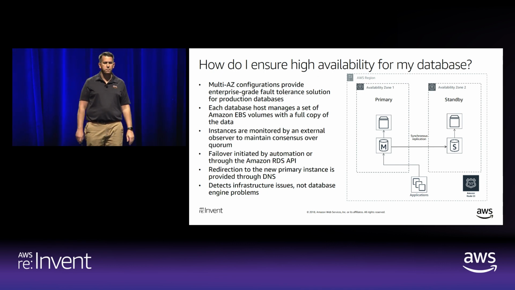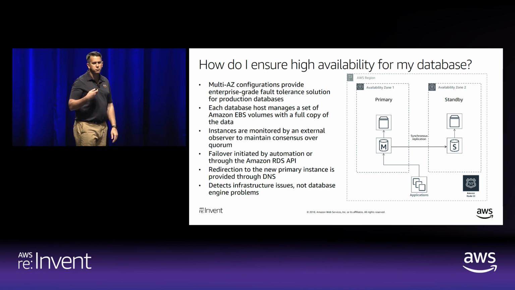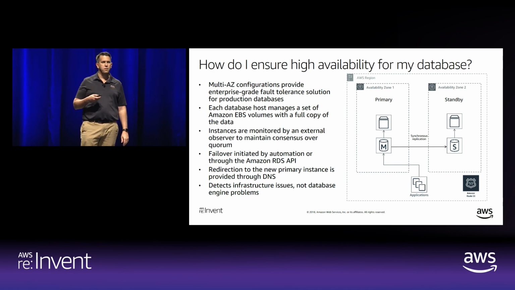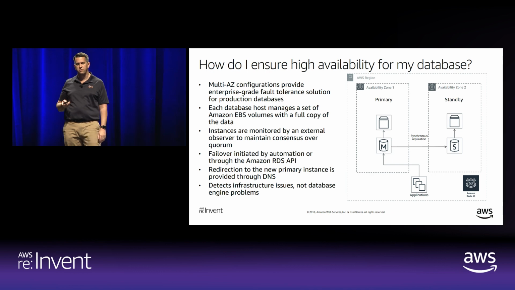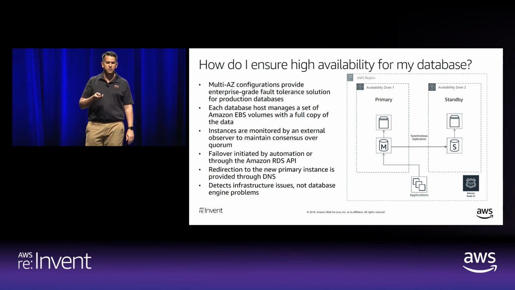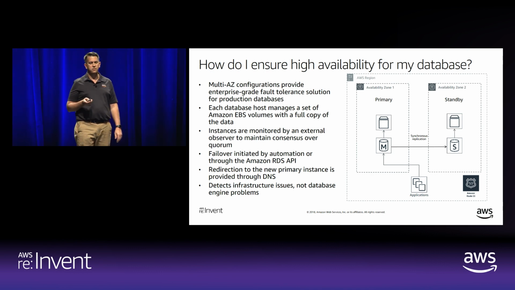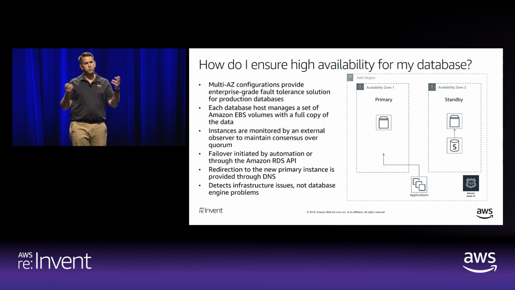Now, when it's running, the instances are being monitored by an external observer, and it's keeping track of who's in charge. So let's say your application here on the right is talking to the primary, the master database, that's replicating over to the standby, and then the primary disappears.